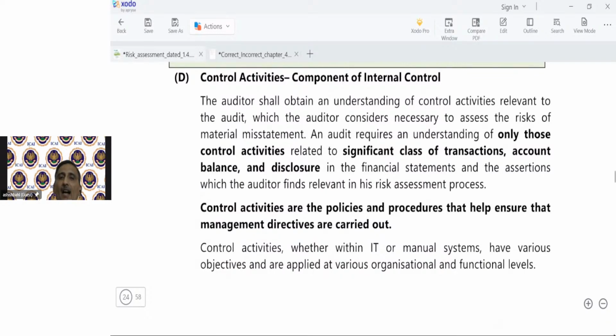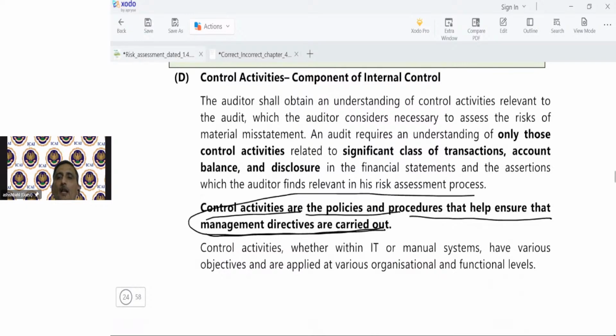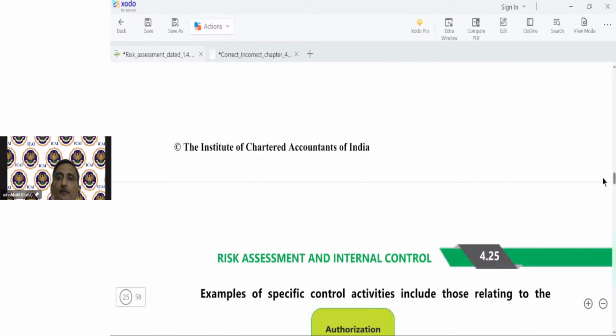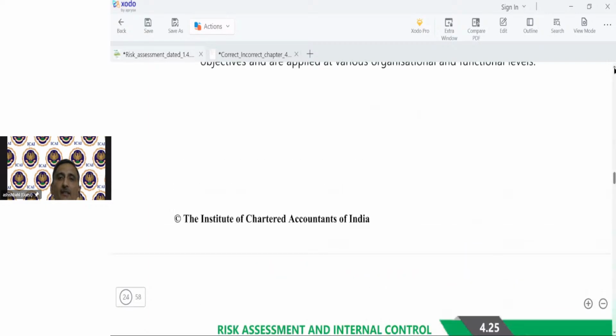Control activities are the policies and procedures that help ensure that management directives are carried out. Now, which policies and procedures help to show that management instructions are carried out? Say, which are those policies and procedures?